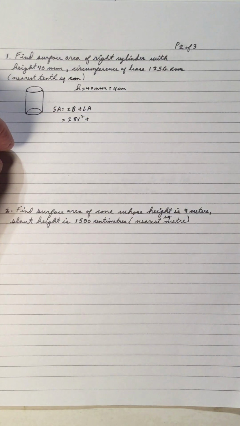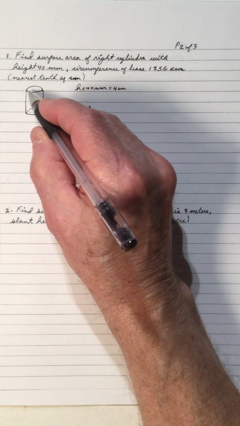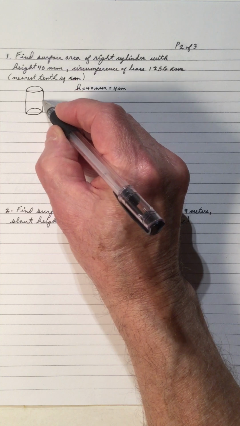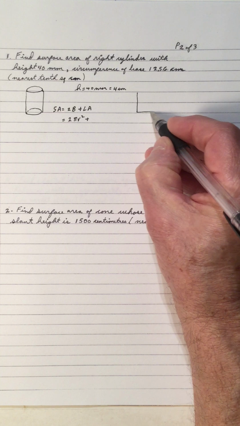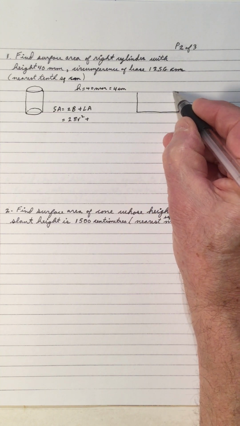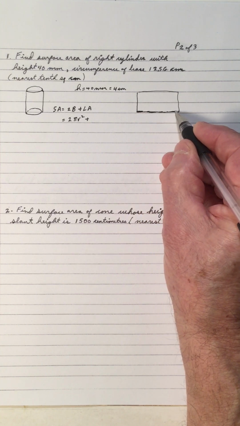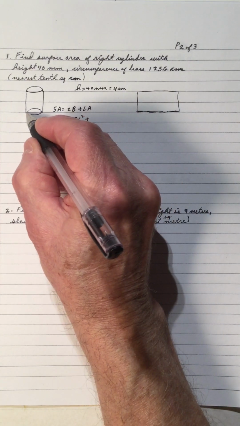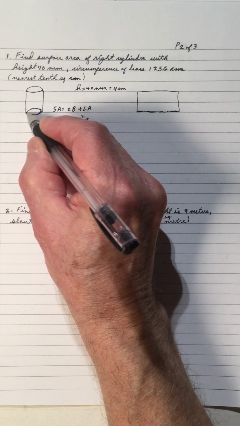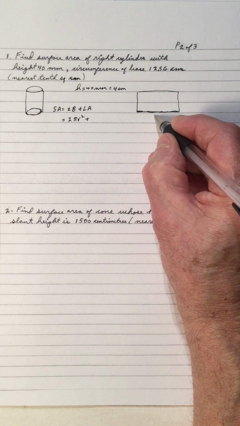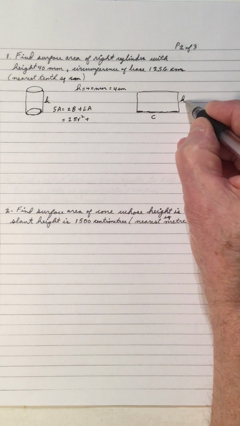Here I go back to the original diagram. If I cut the cylinder down through here, then what I have is this shape. The black I had was right here, and that's that distance there. So this bottom part is the circumference of the circle, and this part here is the height.